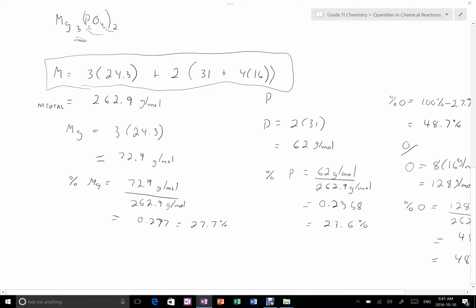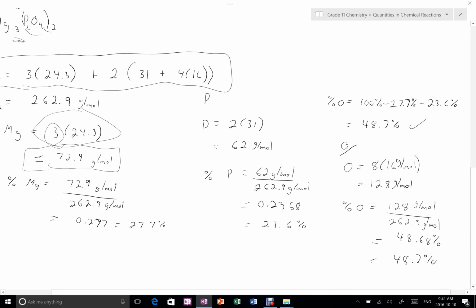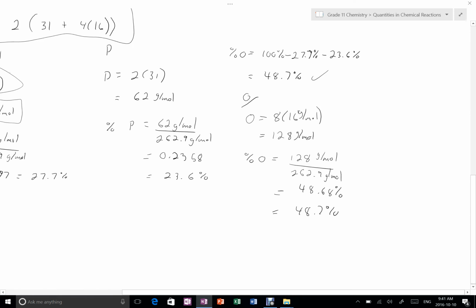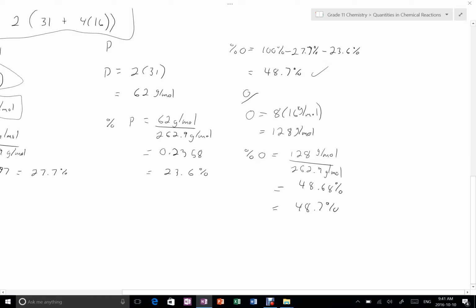And then when considering the mass of each individual element, I have to use the number of that element that I have as well to figure out the total mass of that element in the compound. So for magnesium, if I had 3, then that means 3 times the molar mass, 72.9, out of the whole 262.9 gives me 27.7%.